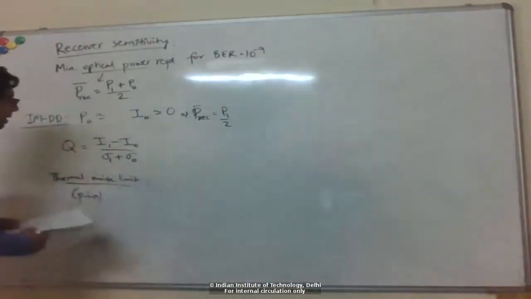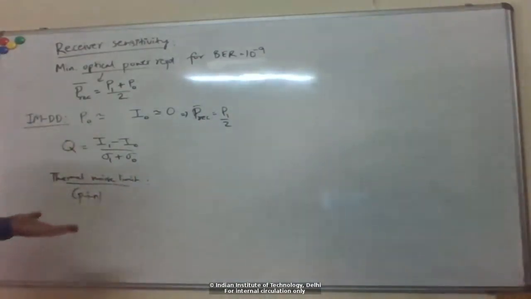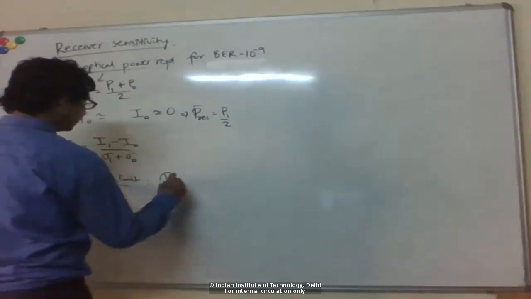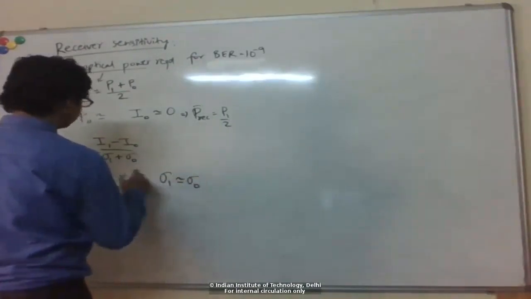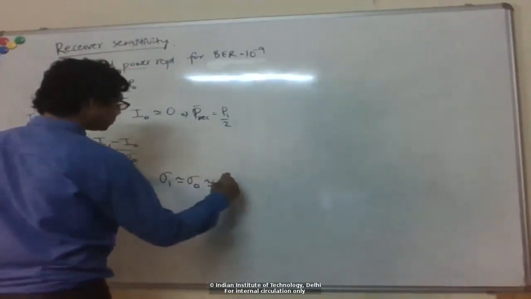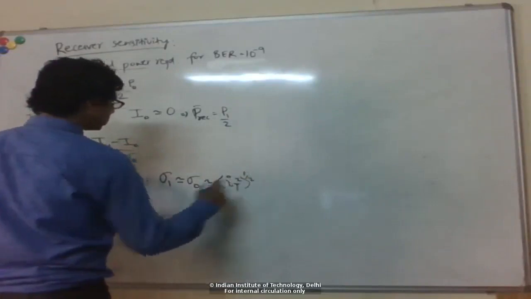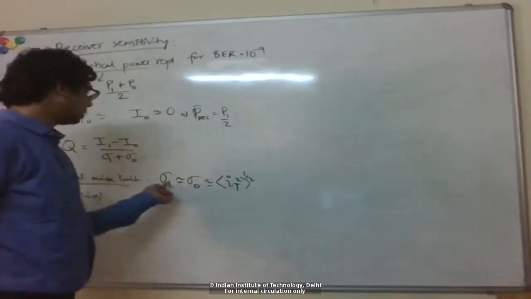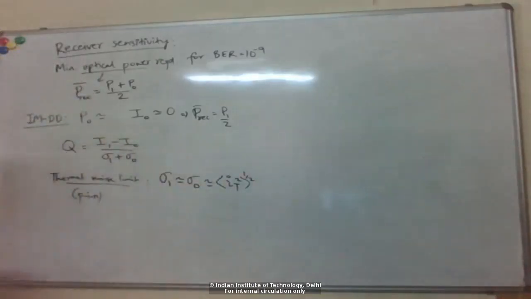In the thermal noise limit, thermal noise is dominant, which means if thermal noise dominates over shot noise, then both sigma 1 and sigma 0 are just the thermal noise. Bit 1 also includes the shot noise, but if thermal noise is dominant, then it's that.